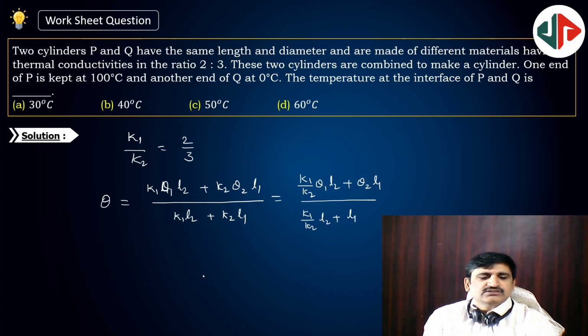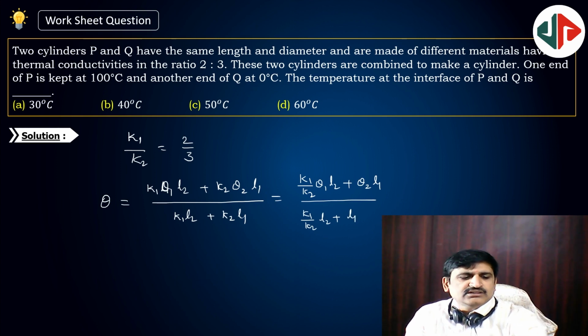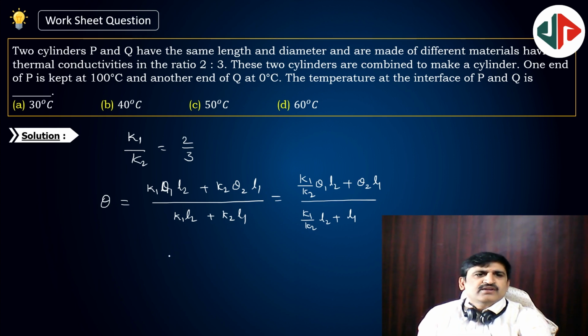On substituting, the lengths can cancel because the length is the same, the diameter is also the same, so the area is also the same; only the materials differ.